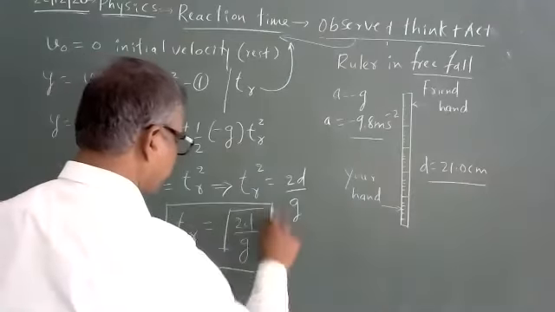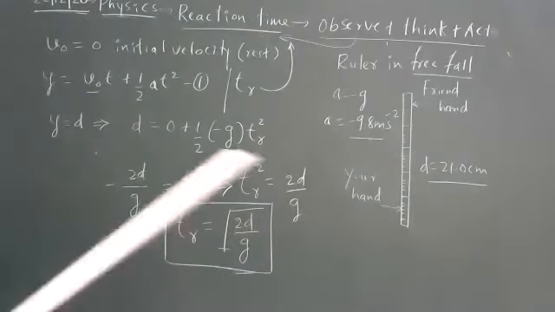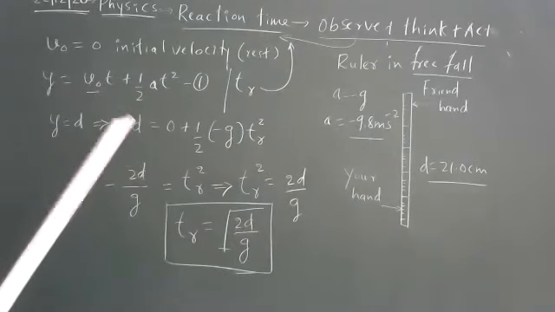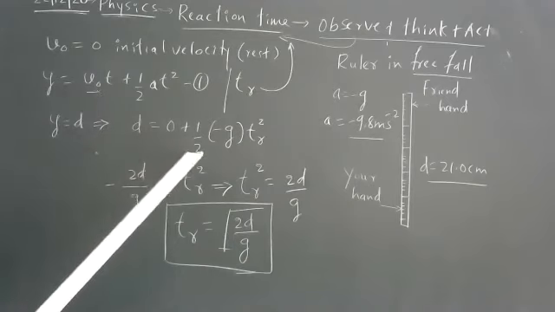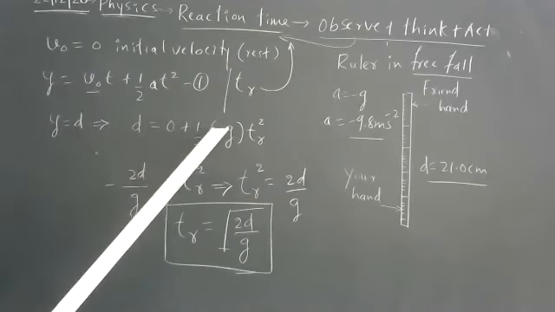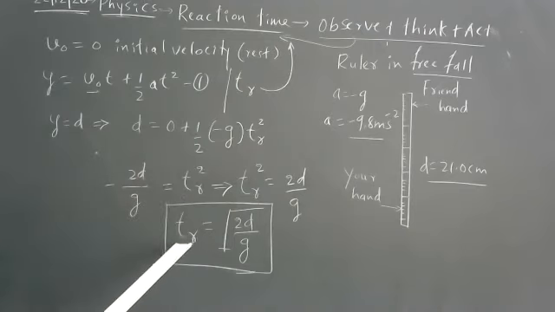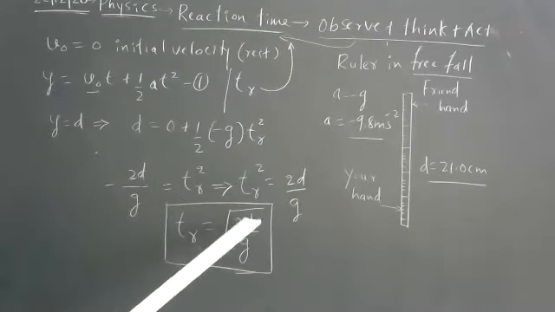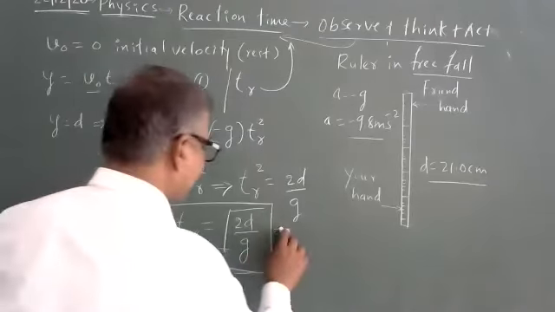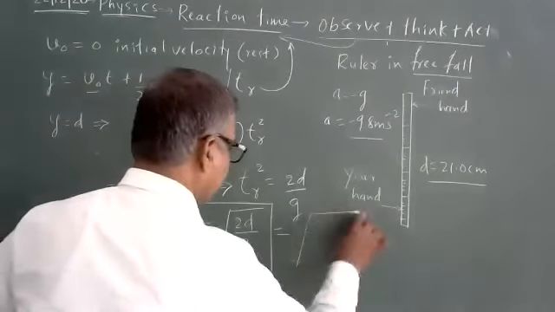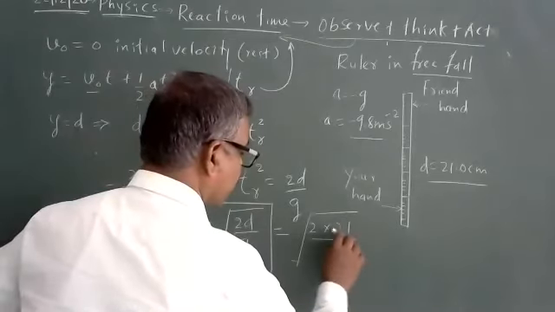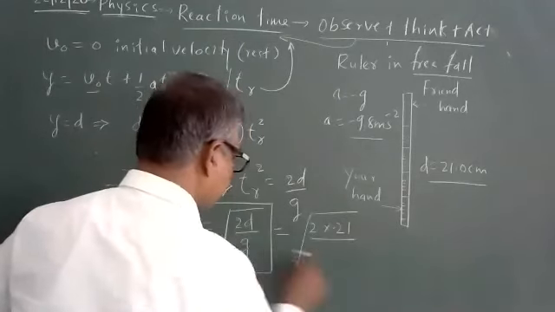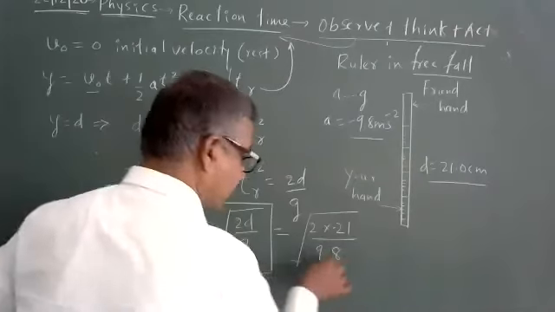So this is my mathematical equation. Here y becomes d, the distance traveled, the initial velocity is 0, the 2 moves across, and g comes in the denominator with t R squared. Reaction time equals the square root of 2d by g. Substituting the values, 2 times d, where d is 21 centimeters, which I need to write as 0.21 meter. g is 9.8, which I take as 10.